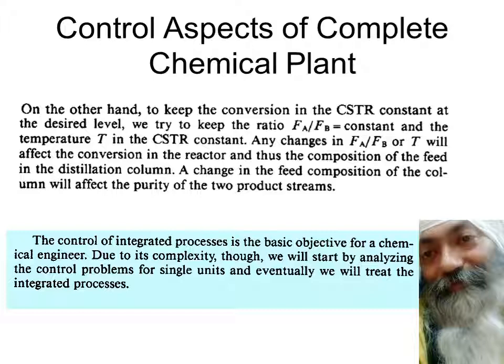Even if single units look simple, ultimately they have to be integrated to form the complete picture, and that's what our objective is finally, to completely control the entire chemical plant. And that's the role of instrumentation and control engineer.